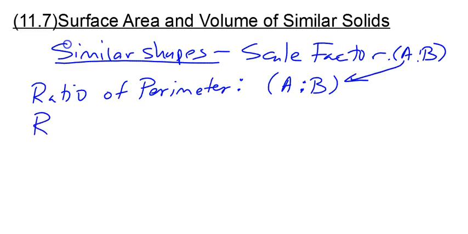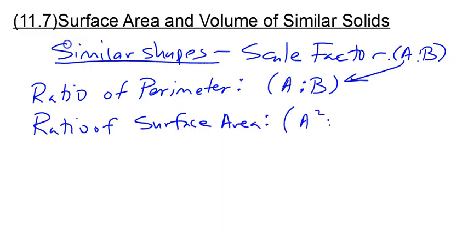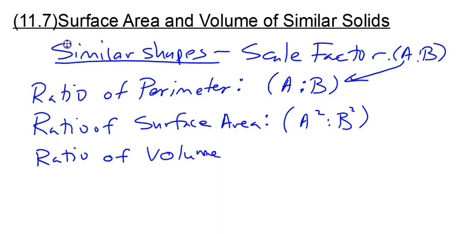My ratio of surface area will be A squared to B squared. The ratio of the volumes, let it make sense: does it make sense for it to be A cubed to B cubed?